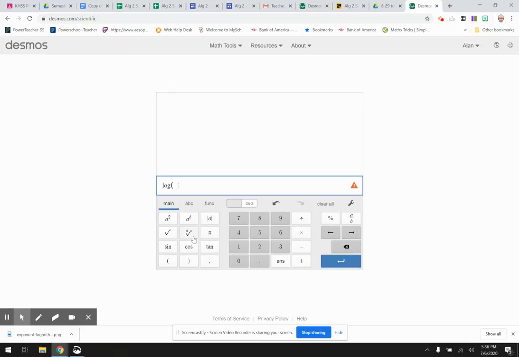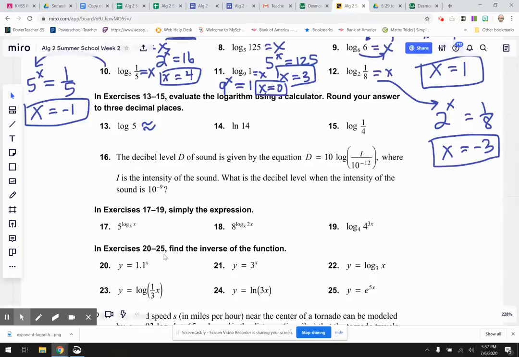Go back to the main and put a 5 in there. You can close it off if you want to, and you're going to get 0.6989, or approximately 0.7. So we'll just do an approximate symbol there, and we'll go 0.7.